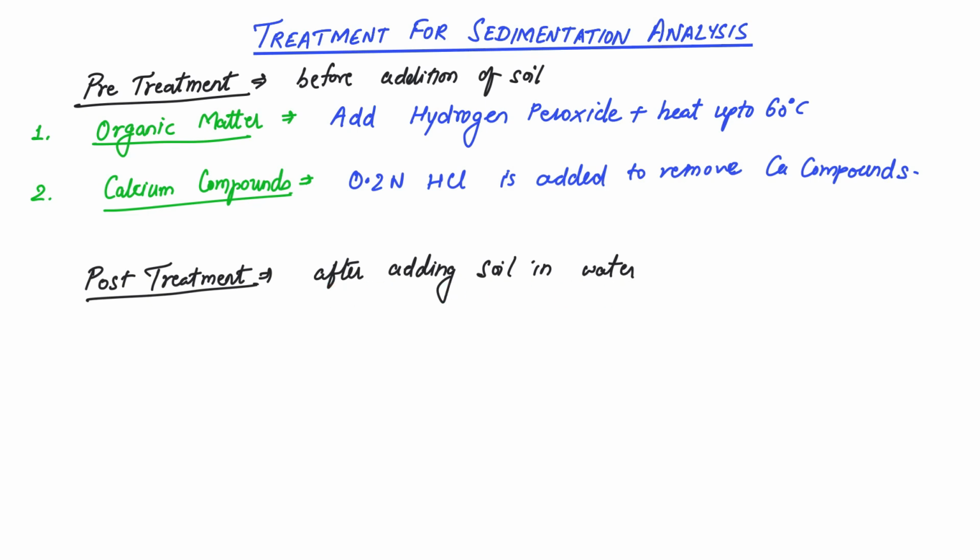The reason is very simple. As we add soil in water, we expect that the individual particles will be present, but it is possible, as the soil is a cohesive soil, that the solids will form groups, and that is why we add a deflocculating agent in the solution.